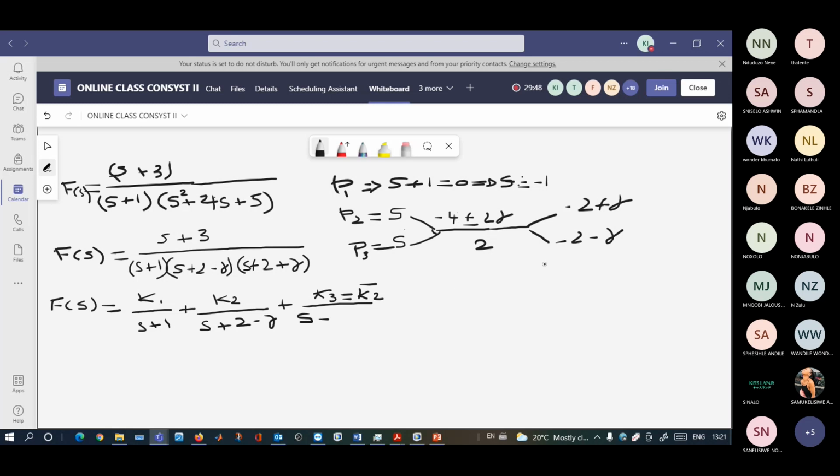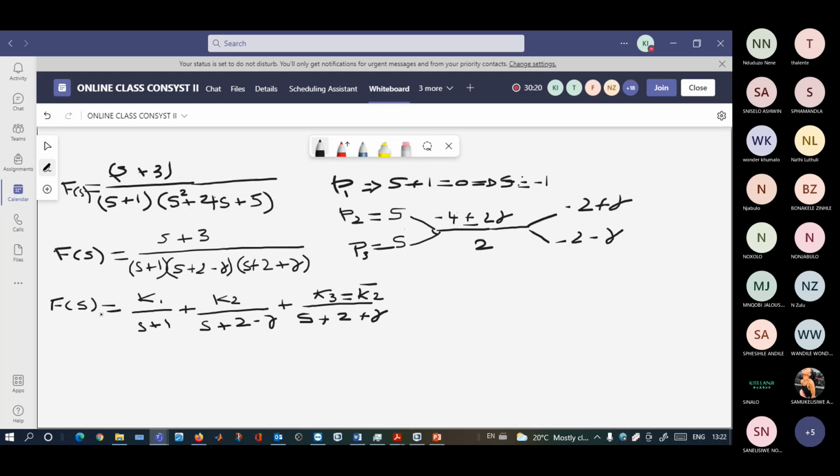Like this one, we can see the real part is the same, minus 2, but the imaginary part is different only by the sign, so plus and minus. So this is a conjugate complex number. So because it's conjugate, we're gonna have here K3 over (s plus 2 plus j). Okay, so now time to find the values of K1, K2, and K3.